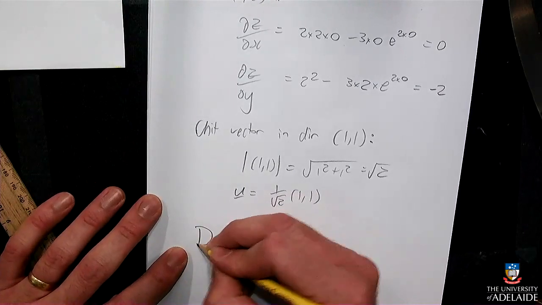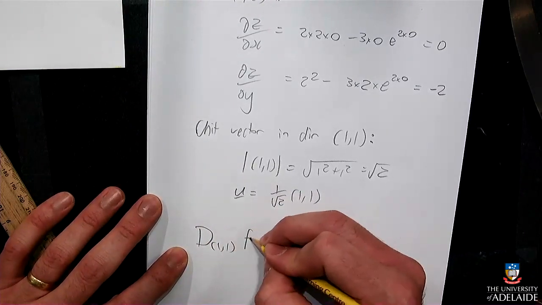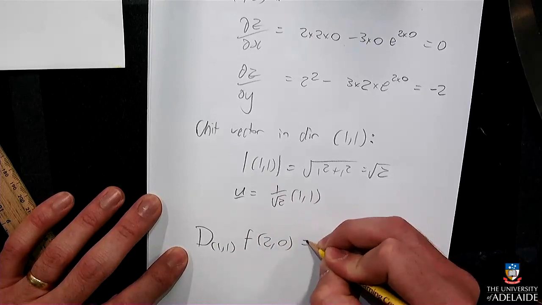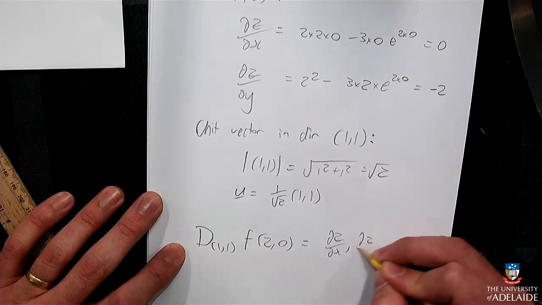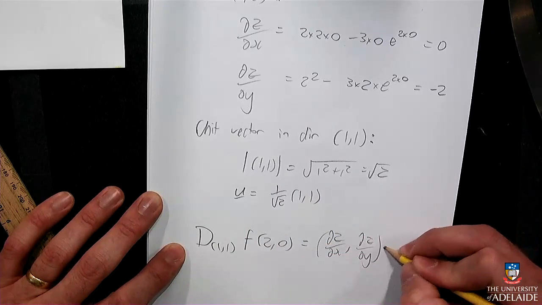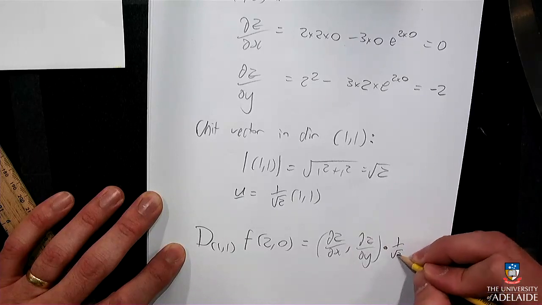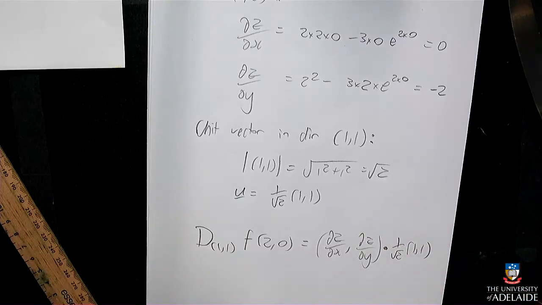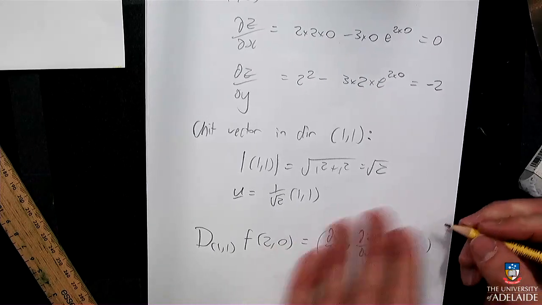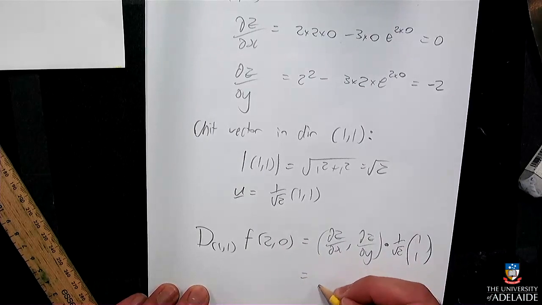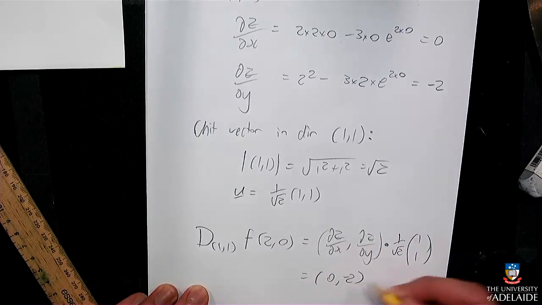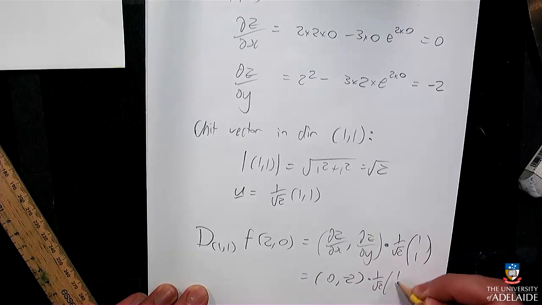And so the directional derivative in the direction of 1, 1 of f at 2, 0 will be dz on dx, dz on dy, dotted with this vector. Technically that vector is written as a column. Which is, what did dz on dx come to? 0, negative 2, dotted with 1 on root 2 times 1, 1.